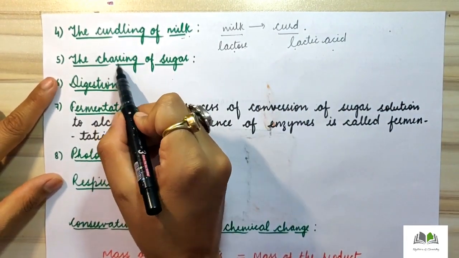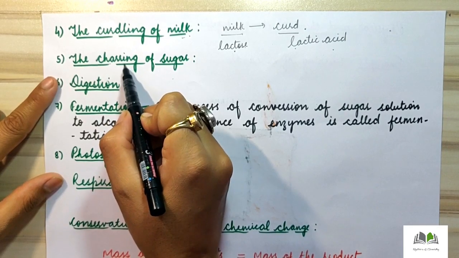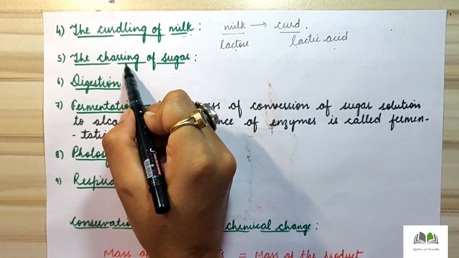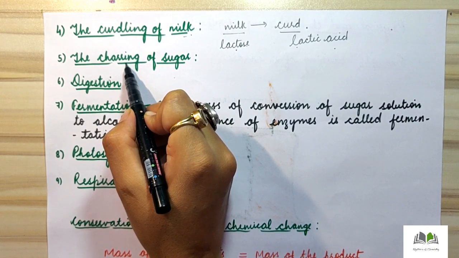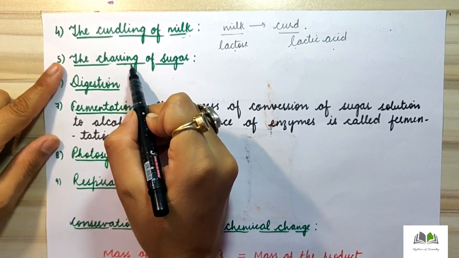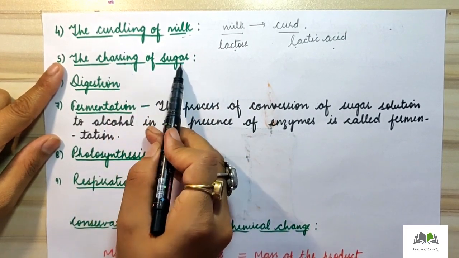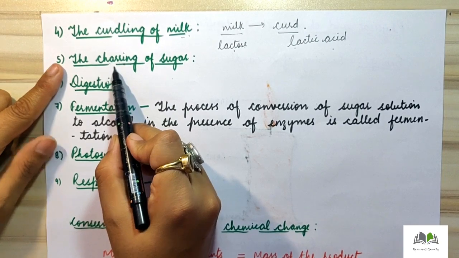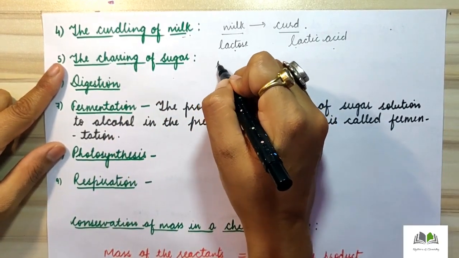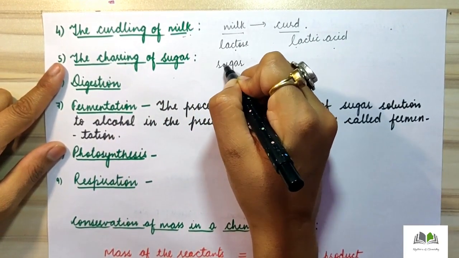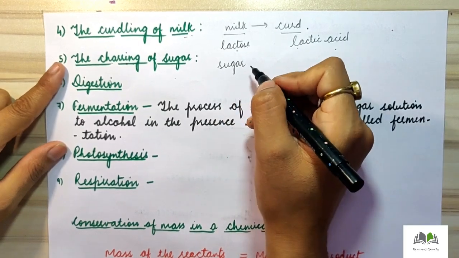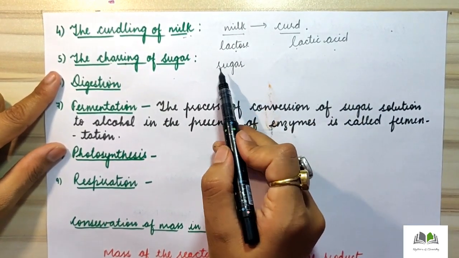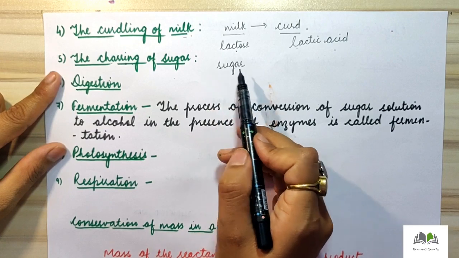Now, the next example we have is charring of sugar. First of all, you should understand the meaning of charring. Charring is a type of partial decomposition or partial combustion. Incomplete decomposition of sugar is known as charring of sugar. When we take sugar and burn it, sugar contains carbon, oxygen and hydrogen. It is a compound of carbon, oxygen and hydrogen.